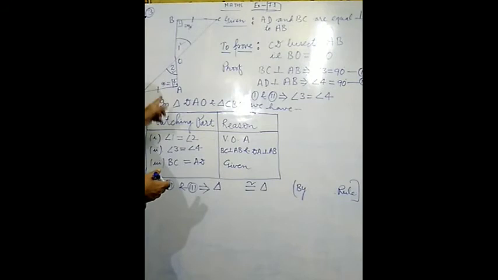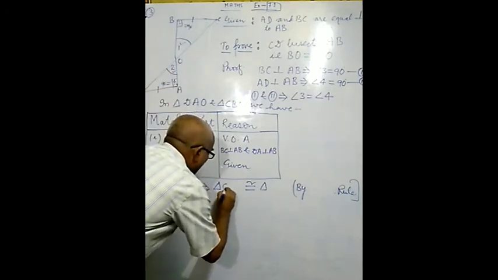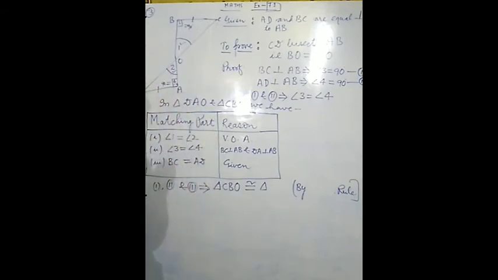So triangle CBO is congruent to triangle DAO.